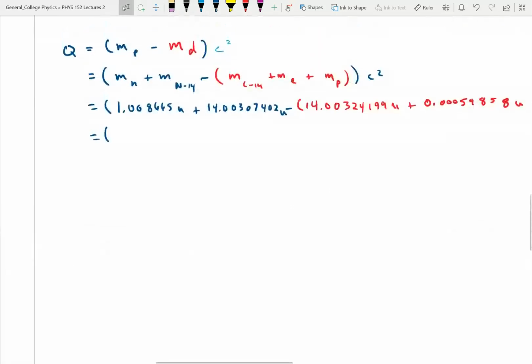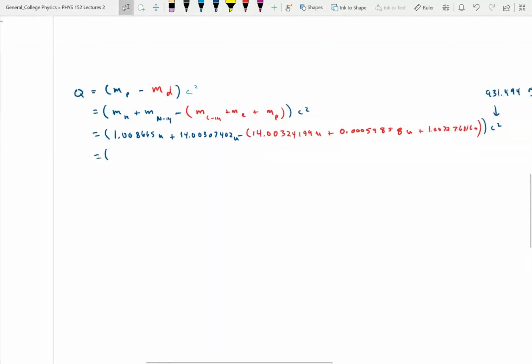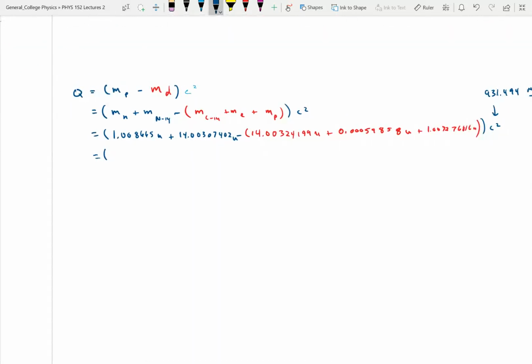So using that 931.494, if I calculate through, then the mass of the neutron in MeV per c squared, oddly enough, is 939.5656. I said per c squared, but I'm multiplying by the c squared, so that's why it's just MeV.